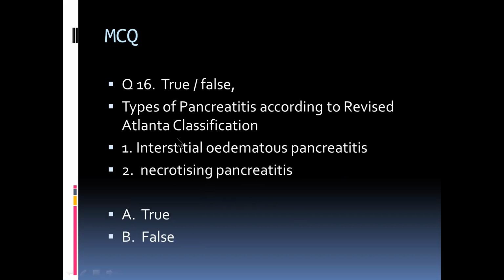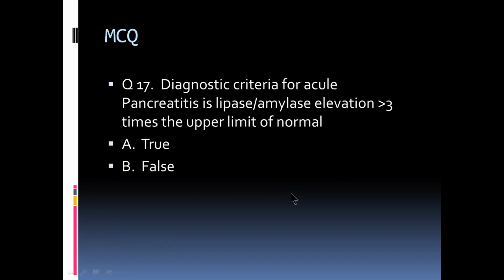So two types are there: interstitial edematous pancreatitis and necrotizing pancreatitis. Diagnostic criteria for acute pancreatitis is lipase or amylase level elevation more than 3 times the upper limit of normal. This sentence is true or false? Yes, it is true. It should be more than 3 times the upper limit of normal.